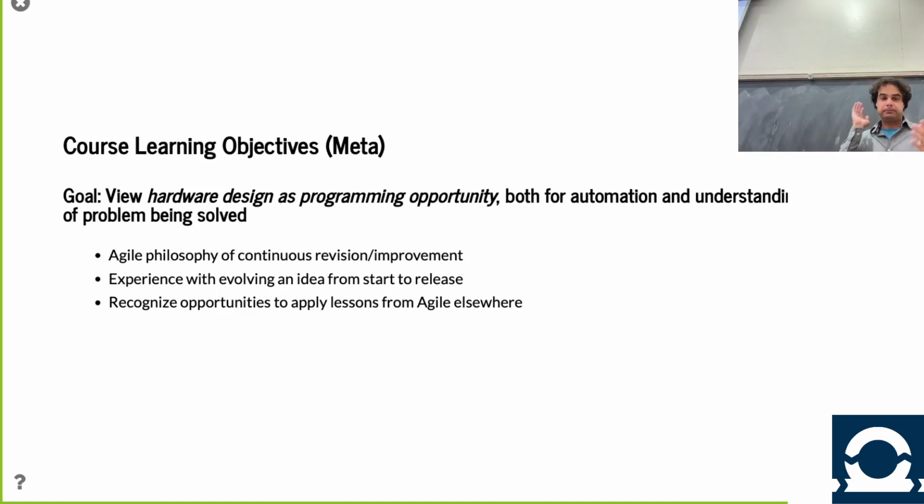And so, how do I go from an idea and start working on it to actually have something released and complete? How can I break apart my big, complicated idea into small, bite-sized pieces and then iteratively extend those until it's sufficiently capable? And how can I apply my agile ideas elsewhere and such? And so that's kind of it.